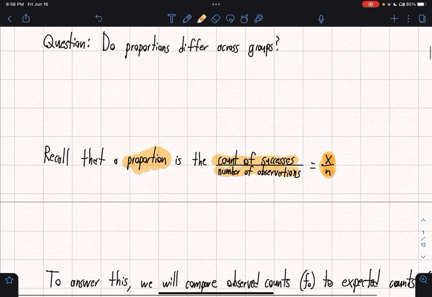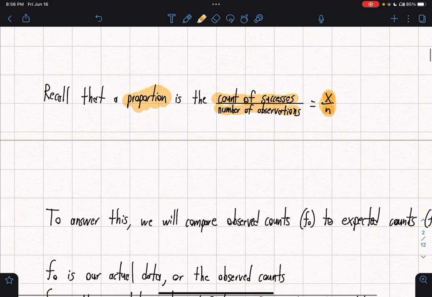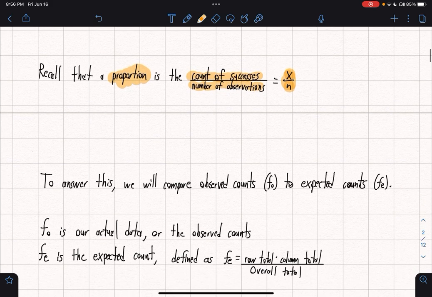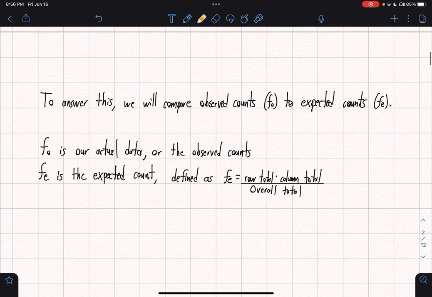So when we're doing a chi-square analysis, we're going to be comparing observed counts. We're going to call that FO, where F is frequency and O is for observed. We're going to compare that against expected counts.